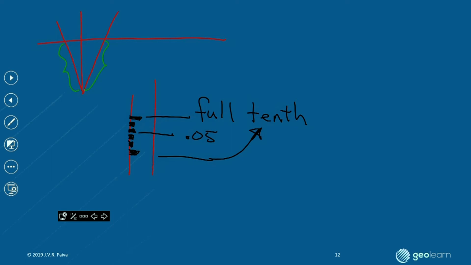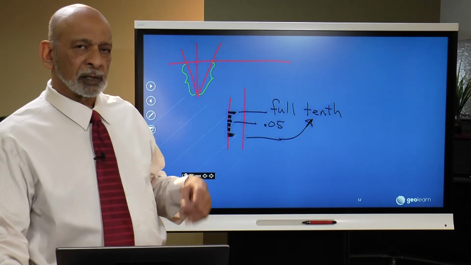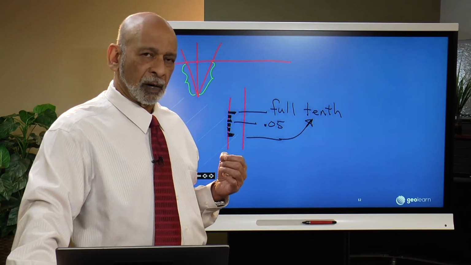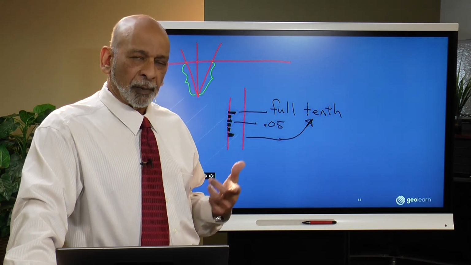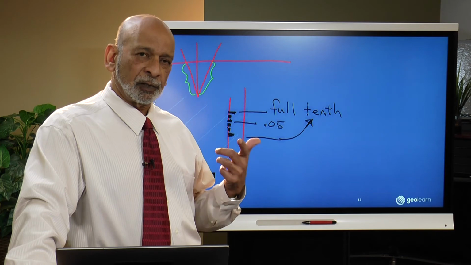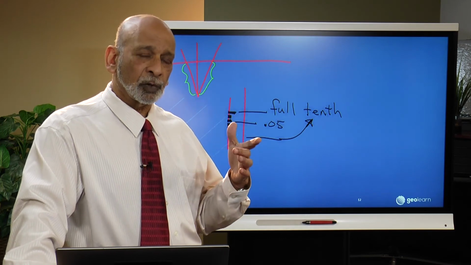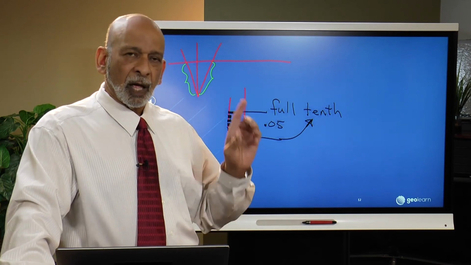So get used to using the long bars or the slightly less long bars that have points on the top and the bottom to remind you whether you're sighting at a full tenth or a half, or 0.05 value, and then count up and down.